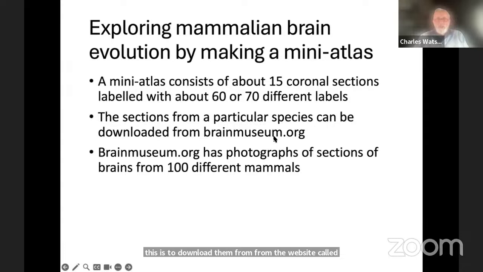It's a collection of 100 mammalian brains with sections from all of them, and the photographs were taken in the 1990s, so we could have had better quality ones if they'd been taken only in the last couple of years, but they're nonetheless pretty good, and they're a very interesting collection.